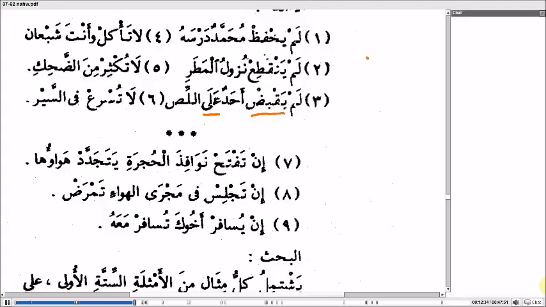Bear, can you read number 4 for us? لا تأكل وأنت شبعان. Assalamualaikum ya Yasin. Waiting for your mic. لا تأكل وأنت شبعان. Do not eat and you are full. شبعان, full.